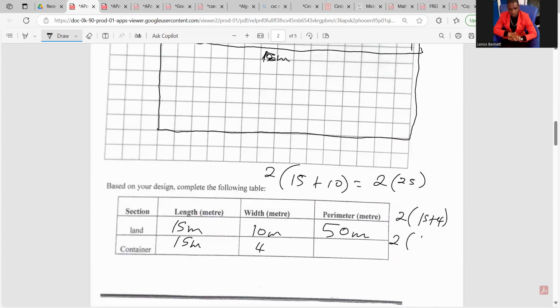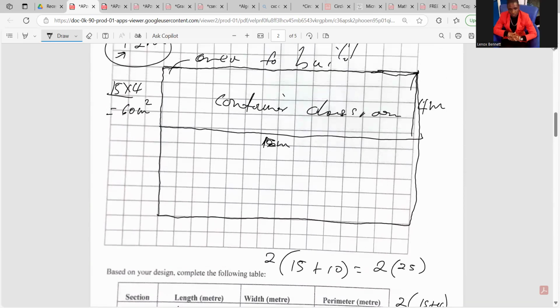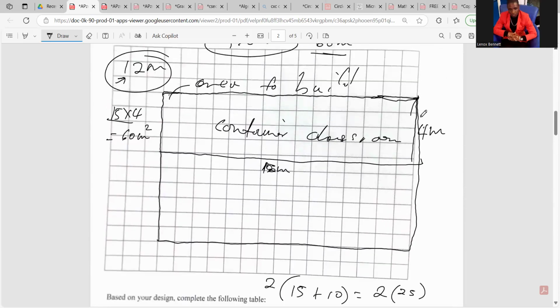And of course, that will give us 19 times 2, which is 38 meters. Remember, perimeter means the total distance around. So all the way around the container would have been 38 meters, right? So you go 15 and 4, that's 19, another 15, as we're going all the way around.